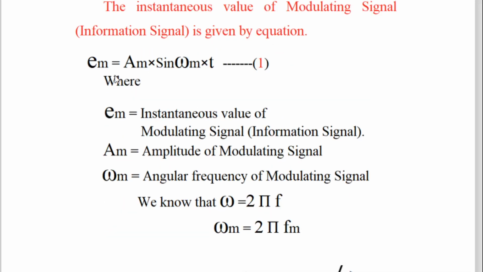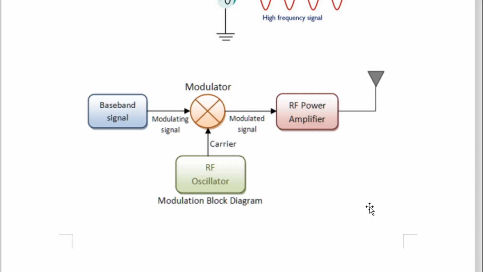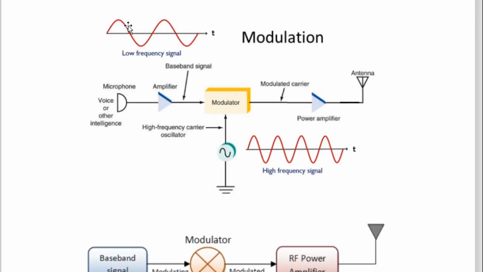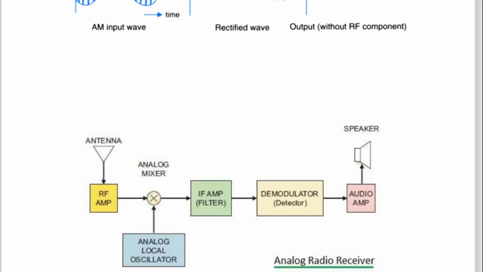Now the same thing can be done with the carrier signal, because you have two signals. In the process of modulation, we have two signals, namely the information signal and the carrier signal. We have written the equation for the information signal as Em, and now let us write the equation for the carrier signal.